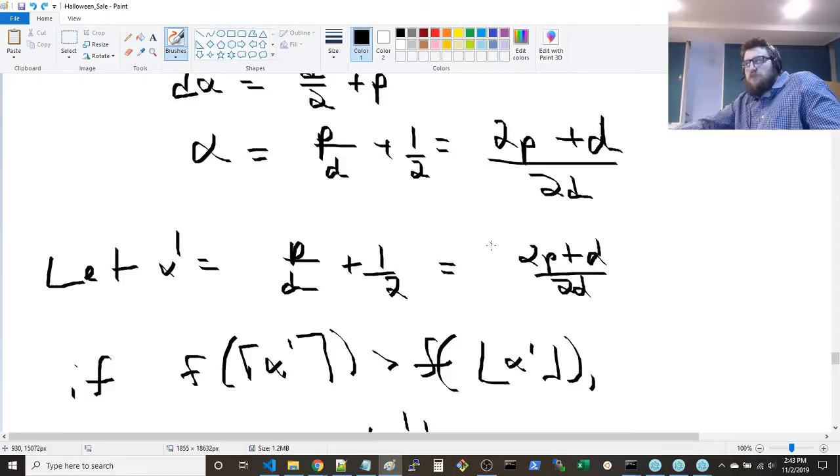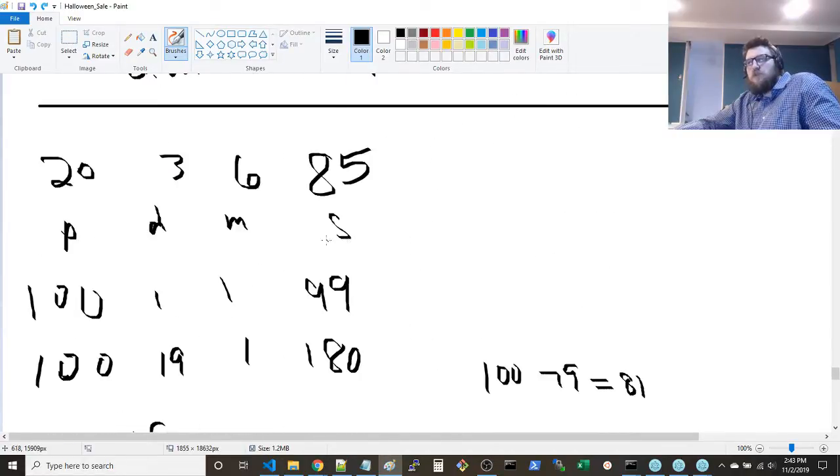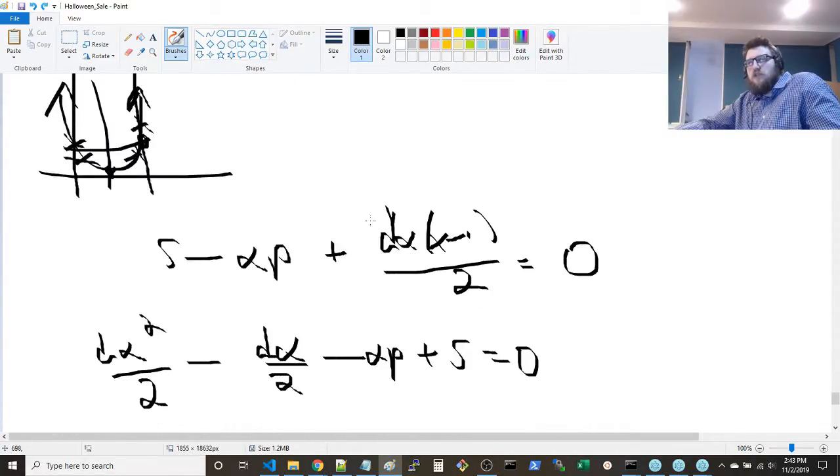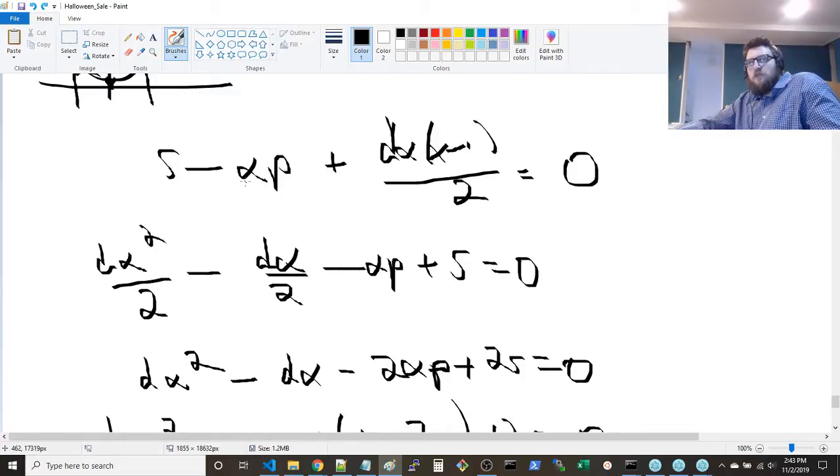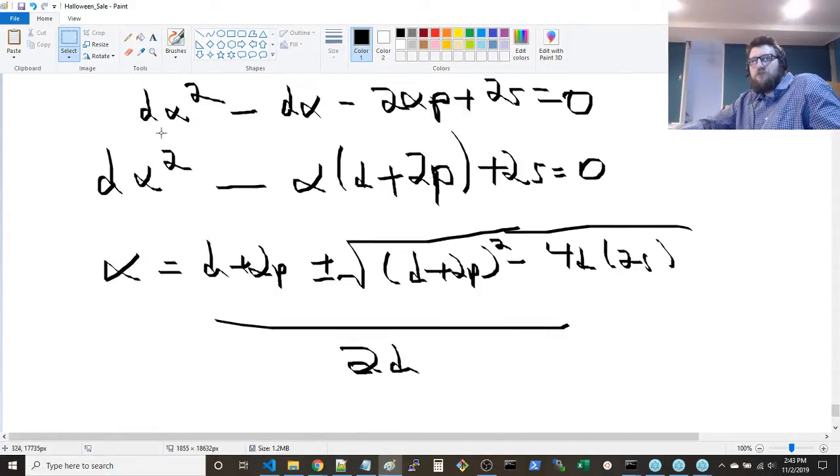So if you take (2P plus D) over 2D and plug that in here for alpha, then you would show that's greater than or equal to 0. What does that imply? I'm kind of curious what that means.